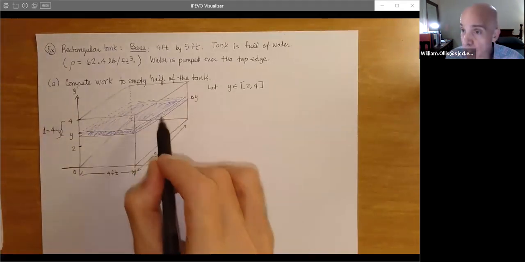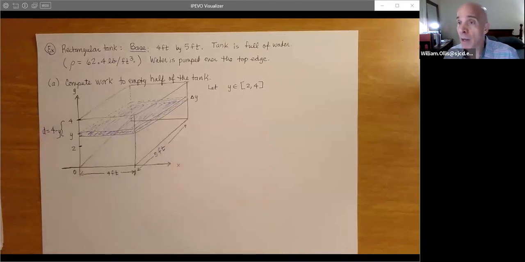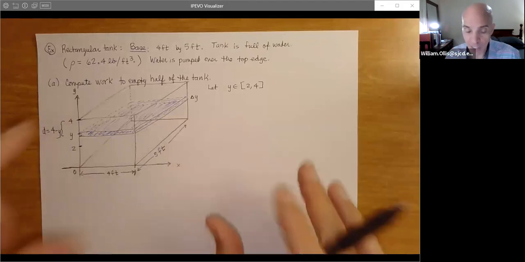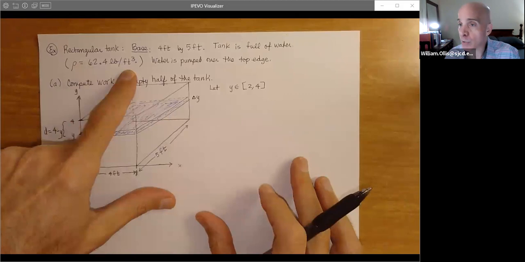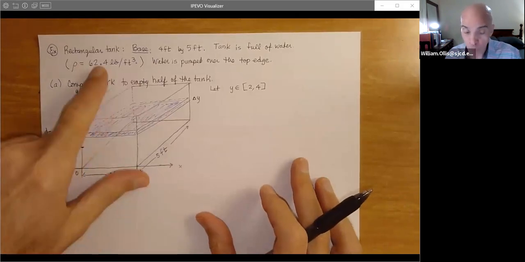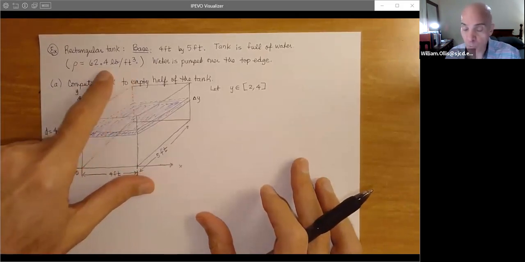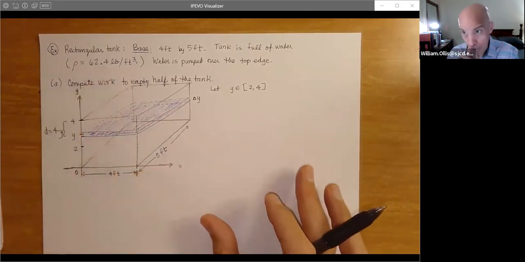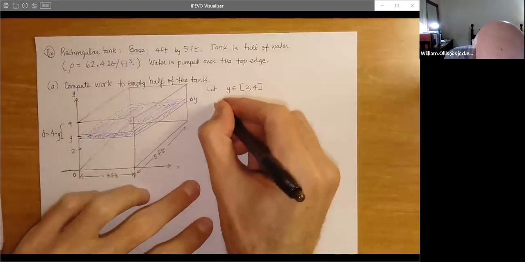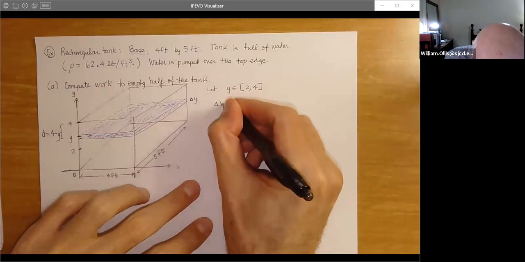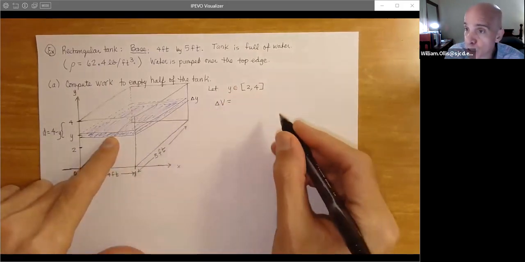So now just like with the spring, we are moving over a length. Here we're taking a volume that we're moving a distance, and that's why we have the cubic units here. So basically for every cubic foot, we have this much force in terms of pounds. So what we can do is say delta V for this particular slab.